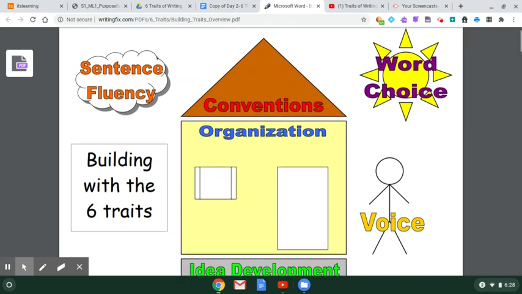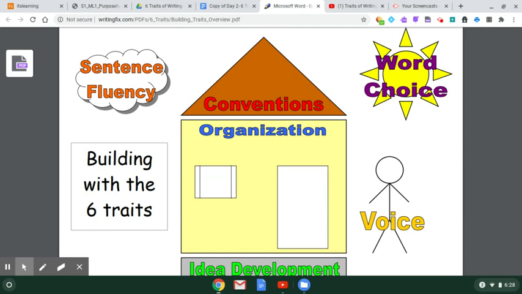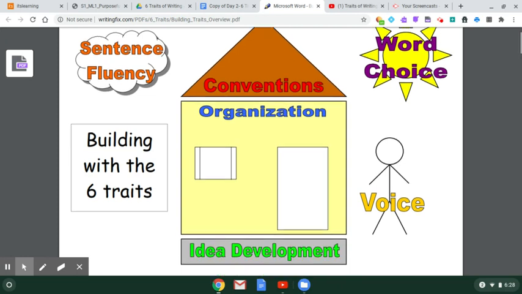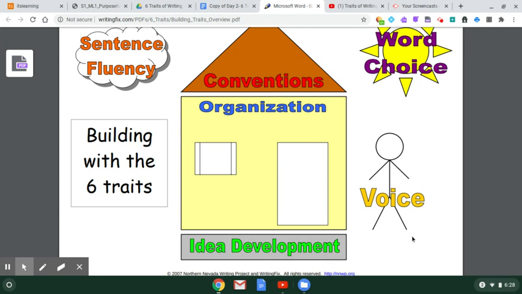When we create a writing piece, it is kind of like building a house, right? There's a lot that goes into a good writing. The biggest thing is our foundation, and it's actually what we talk about first, idea development.